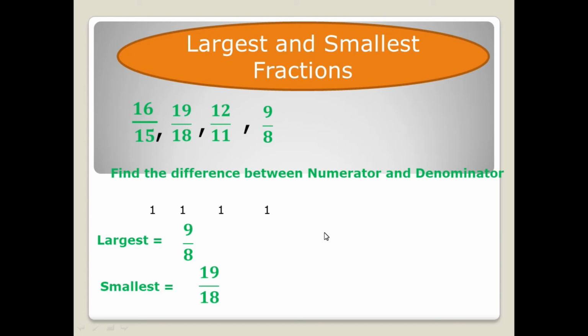So if the fractions are improper fractions and the difference between numerator and denominator is the same, then the largest fraction will be the one that has the smallest numerator, and the smallest fraction would have the largest numerator. Okay.